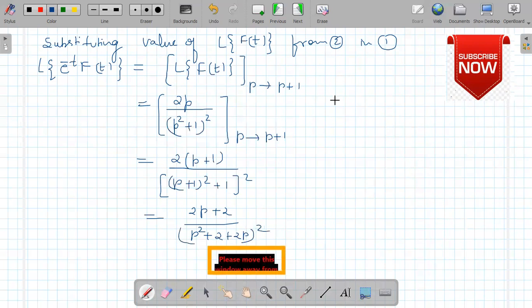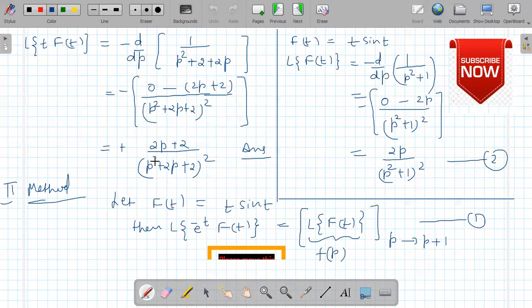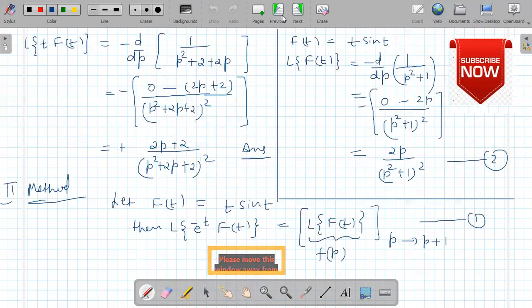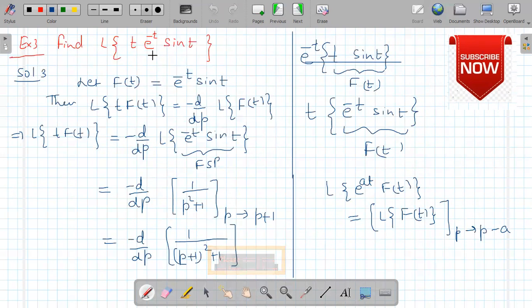This is what we got in the previous answer, exactly the same. So in both ways you will get the same answer. Either you can take this as f(t) and then multiply the function by t and use the rule of t f(t), or you can take t into sine t as f(t) and then apply the first shifting property.